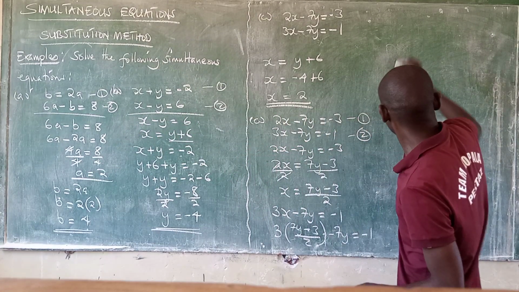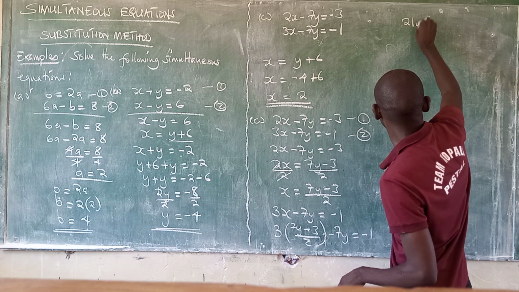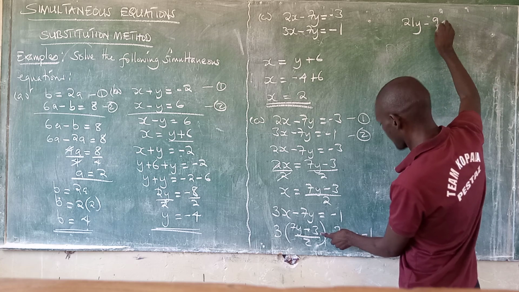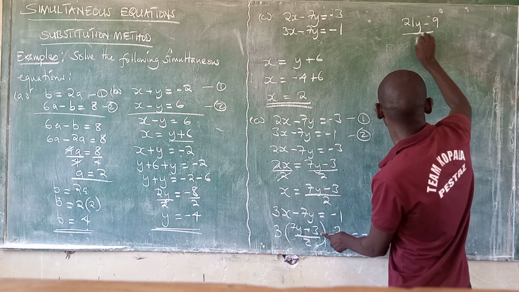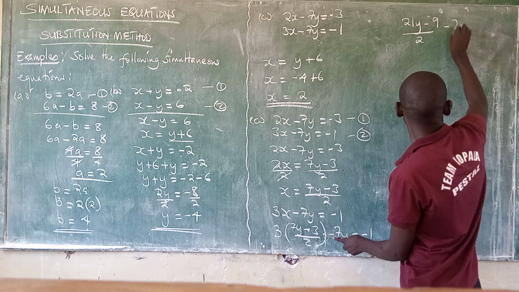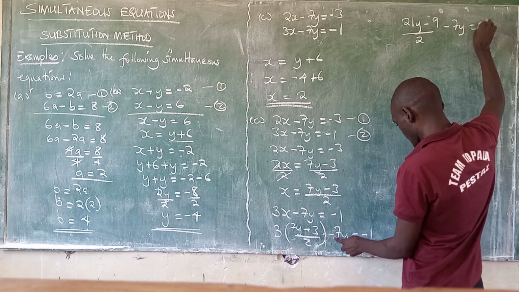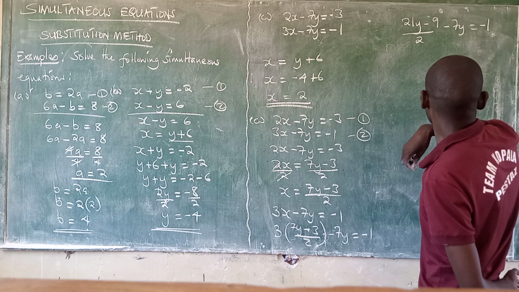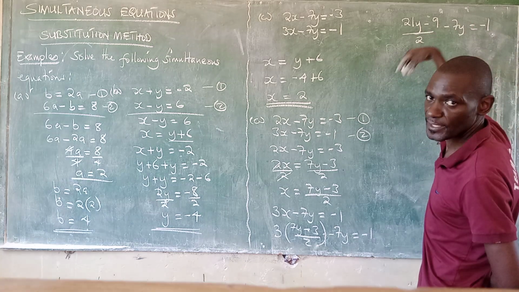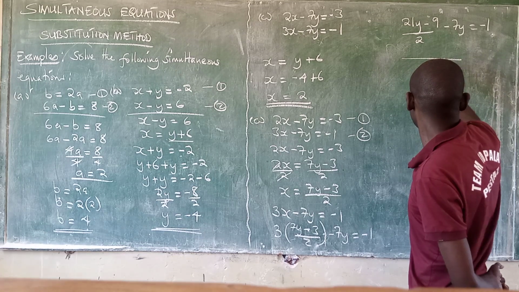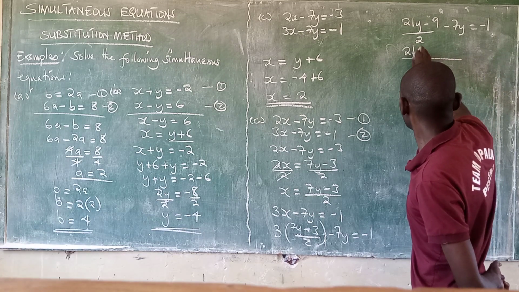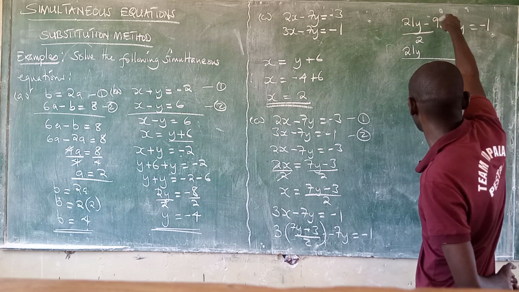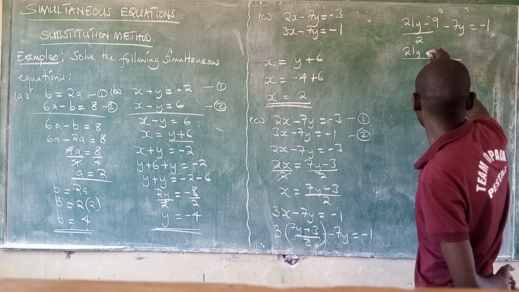That gives us 21y, 3 times this one is negative 9, over 2. And then minus 7y equals negative 1, like that. So we can make a single fraction here. Common denominator will be 2. Then that will give us 21y minus 9, because 1 times this whole thing will just come back as it is.